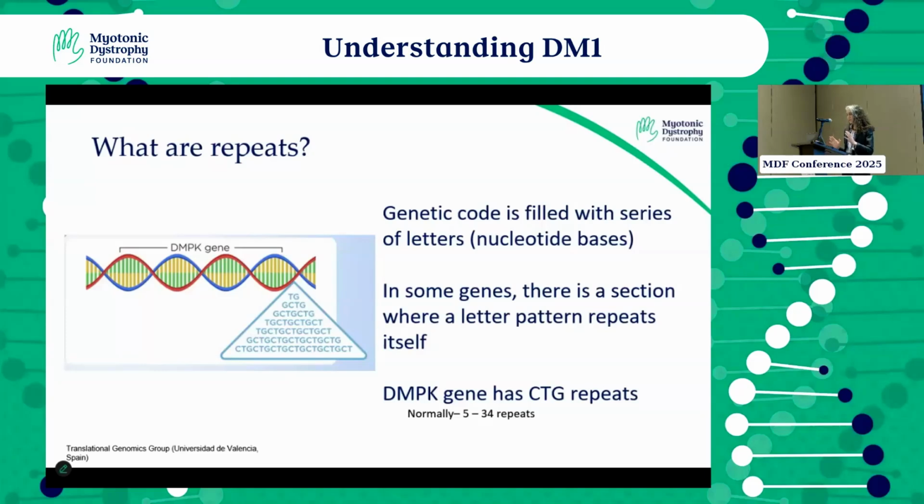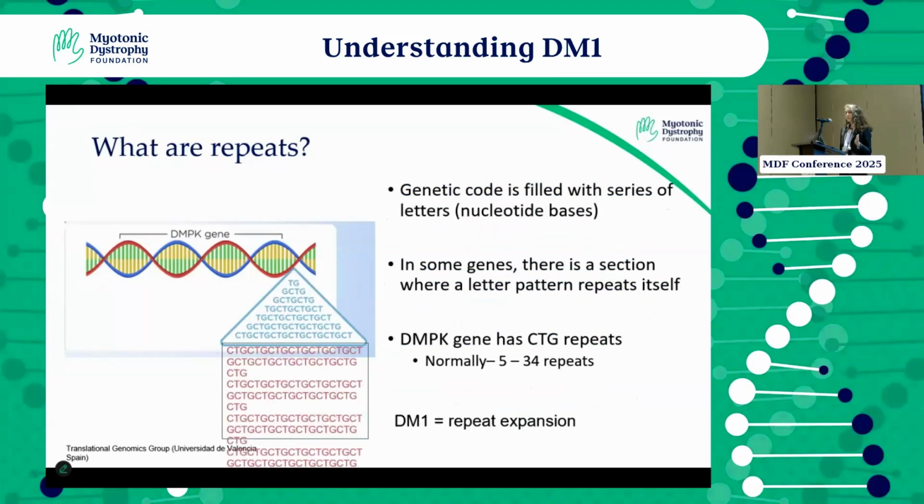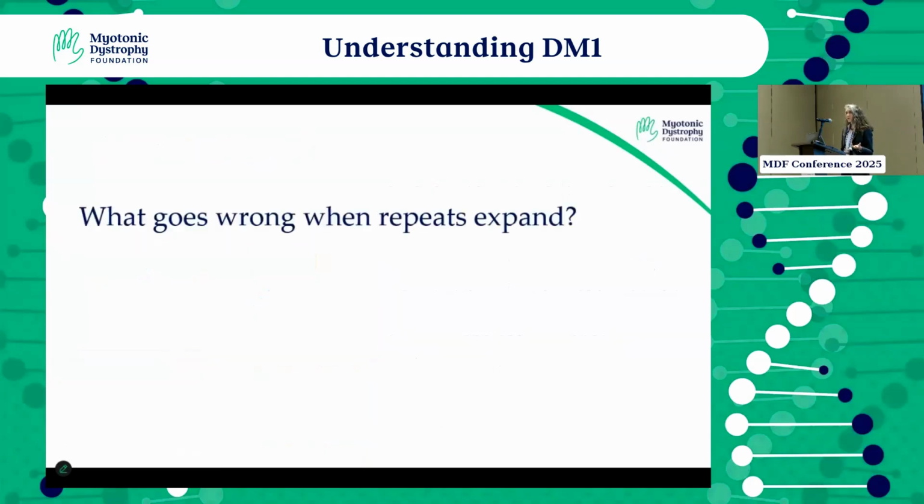Those are the letters that go with these repeats. Normally in the gene, there's going to be 5 to 34 of these repeats. So that's what we normally see. However, in DM1, these repeats get expanded or increased, and this could be anywhere from 50 to thousands of these repeats within the gene.